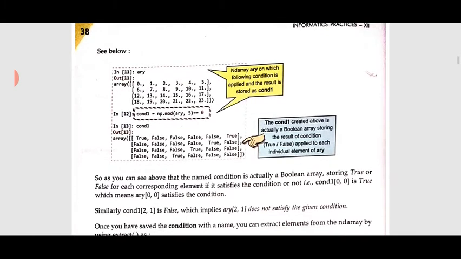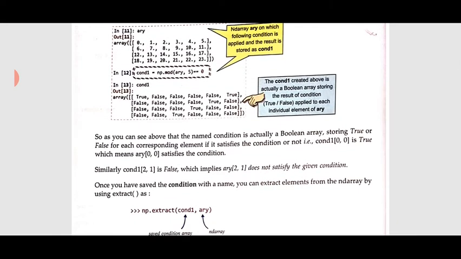Just see the output. This is our ary nd array, and the output after division: cond1 is equal to np.mod. So cond1 is our condition name; in place of cond1 you can write any other name also. This cond1 is given equal to np.mod(ary). Mod is a function, and the mod function is for division.